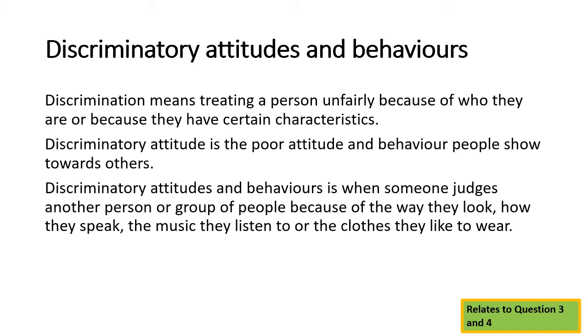We need to be aware when we're working in health and social care and generally in life that we mustn't be discriminatory against anybody. We have to treat everybody as fairly as we possibly can. We need to treat people like we want to be treated. We want to be treated fairly, so we must treat others with respect and have an understanding of their individual needs and not judge them for their individual needs.